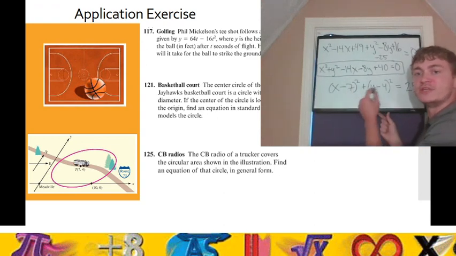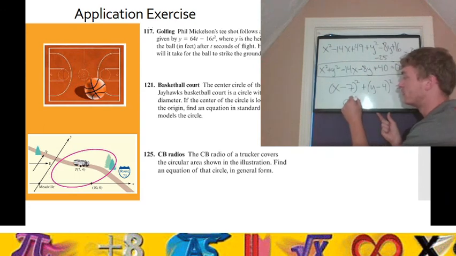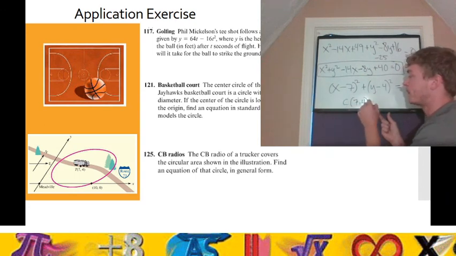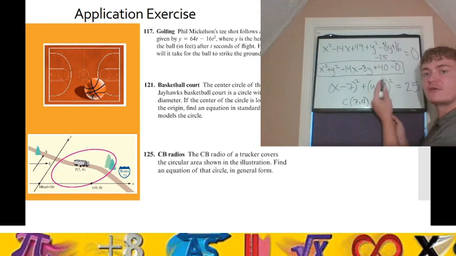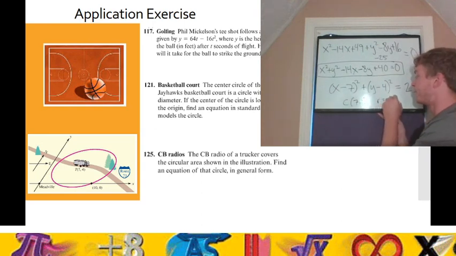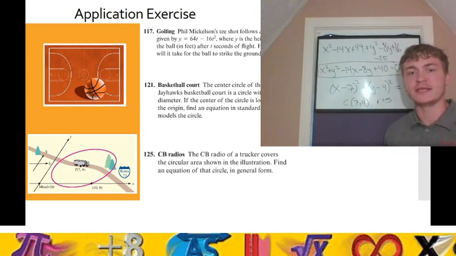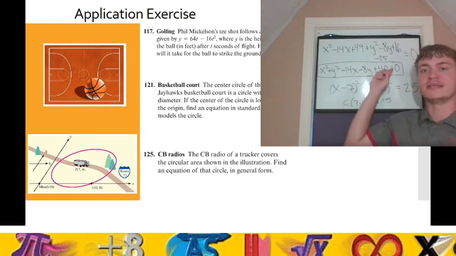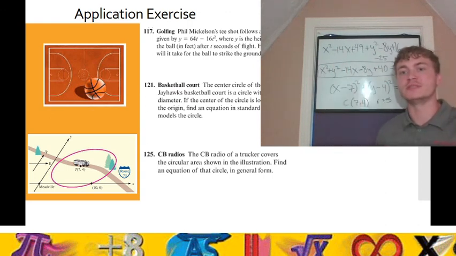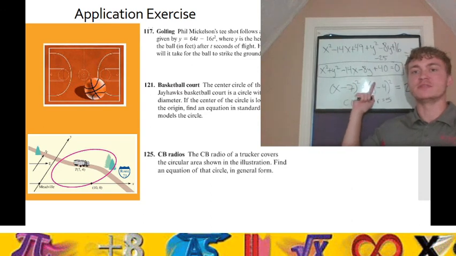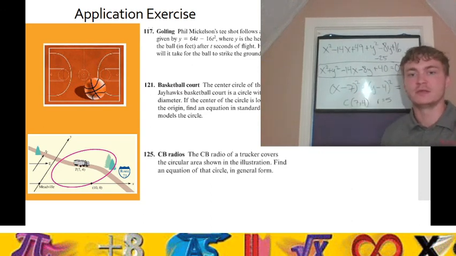In the standard form equation, we can now identify the center to be 7, 4. And by taking the square root of 25, our radius is 5. So all of this is checking out for us. And again, the general form is set equal to 0, and there are no parentheses. Standard form gives us the center and the radius.